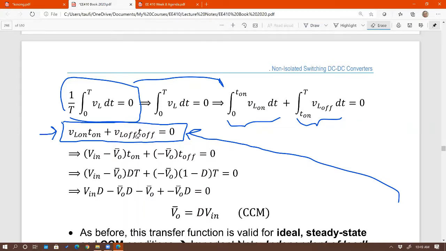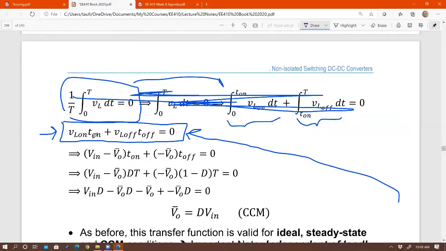Buck, boost, push-pull, forward, flyback, all start with this. You don't need the integral here anymore because you already know how to get there, how to go from here to here. So for us, for a buck converter, I'm going to do this. Here's our buck converter.